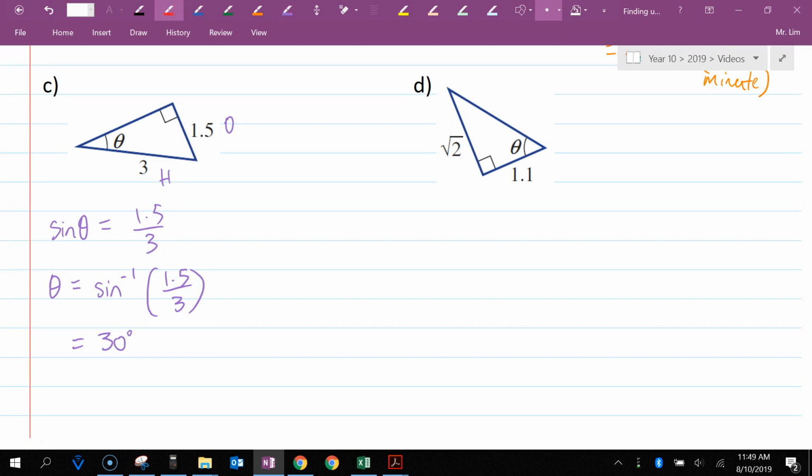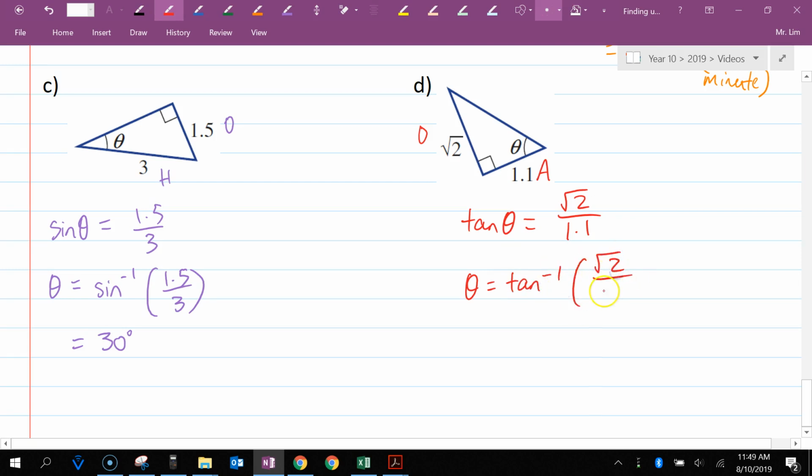Okay, question D. We have opposite and we have adjacent. So that is tan. Tan of the angle is equal to opposite over adjacent. So the angle is equal to the arc tan of root 2 over 1.1.